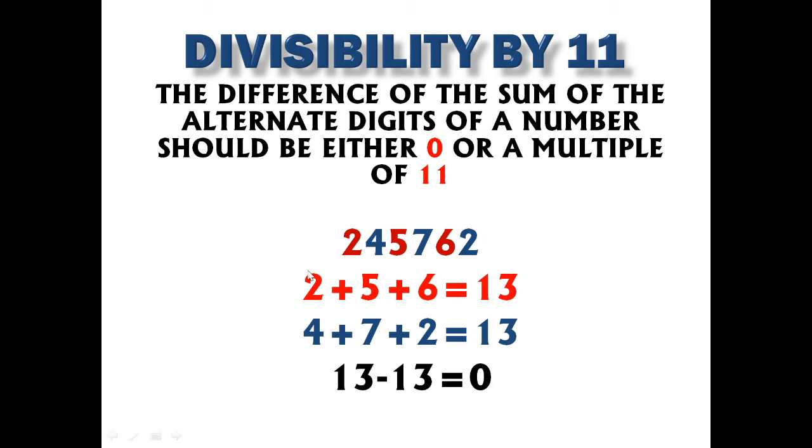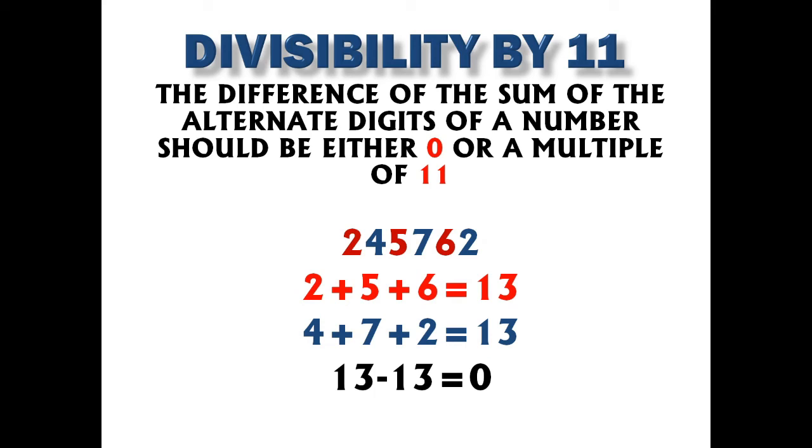Like 2 plus 5 plus 6 gives us 13, and 4 plus 7 plus 2 gives us 13, and when we subtract these two sums we get 0. That means the condition for divisibility is met, so this number is divisible by 11.